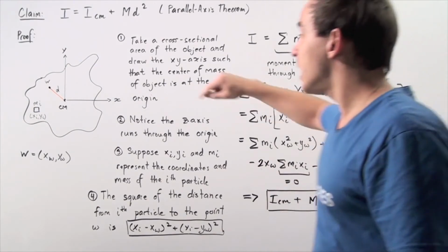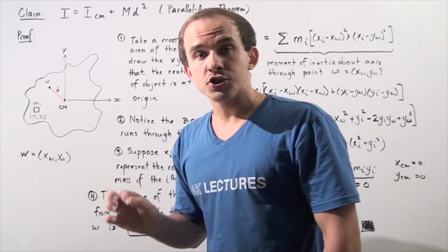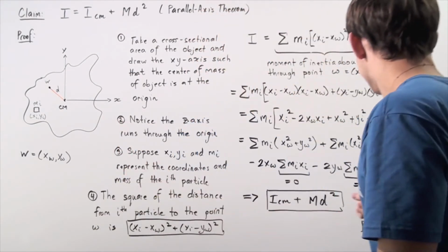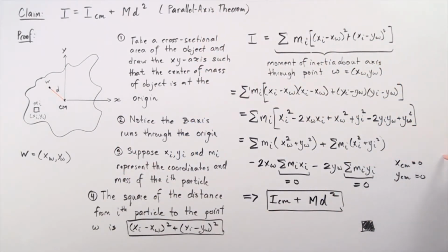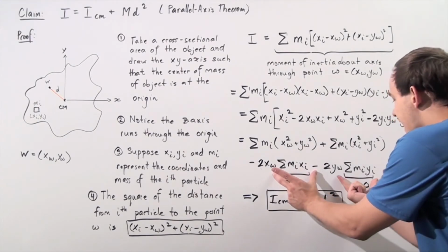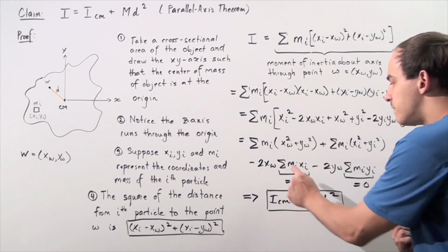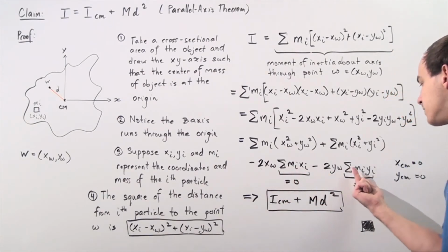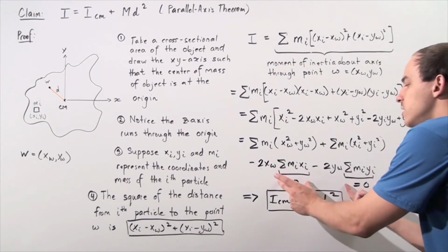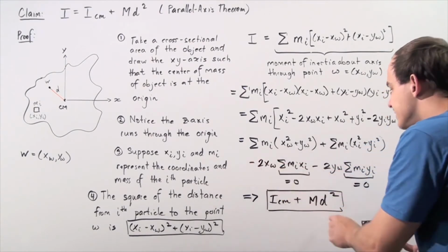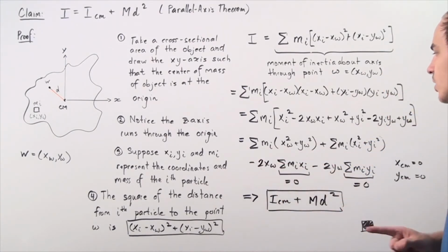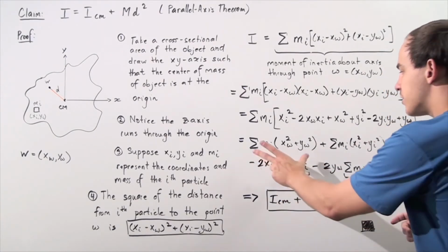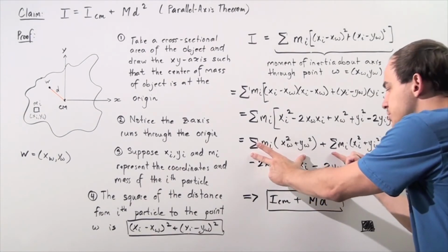Now note, because we chose the origin to be the center of mass, xcm is equal to 0 and ycm is equal to 0, so these entire quantities, the sum of mi xi and the sum of mi yi, will be 0. So these entire terms go to 0, and we're simply left with these two summations.